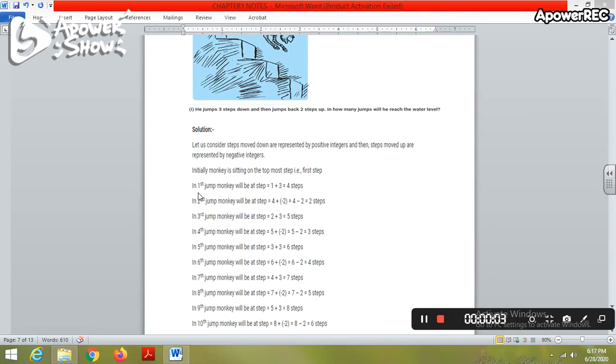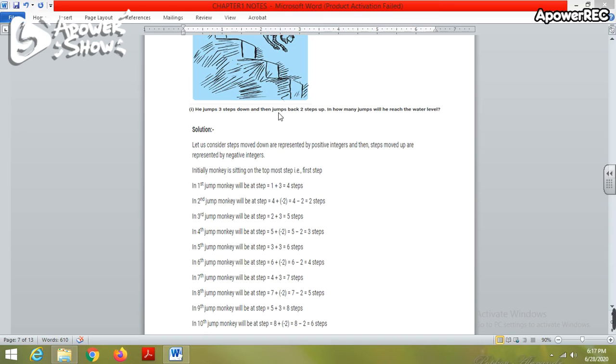After the first jump, the monkey will be at 1 plus 3 because he jumped 3 steps down. So 1 plus 3 equals 4 steps. After the first jump, the monkey is at 4 steps.